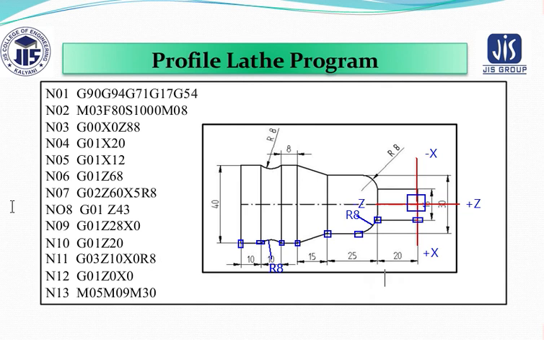Now we will look at the tool path, in which way it is going to move. So initially you take your tool, and you can see it is already located at this particular point. It is coming to this particular point.